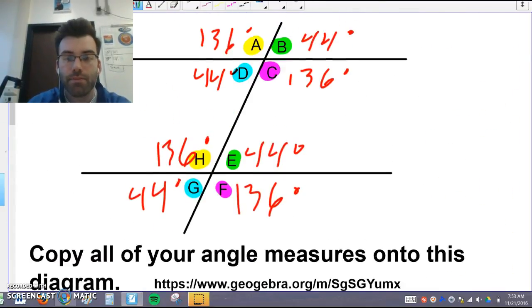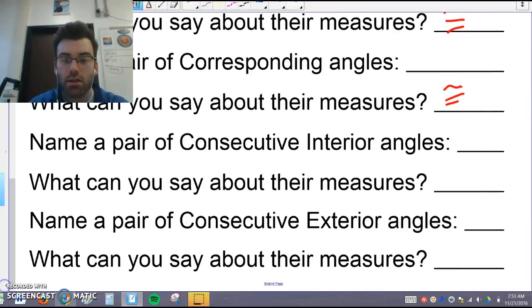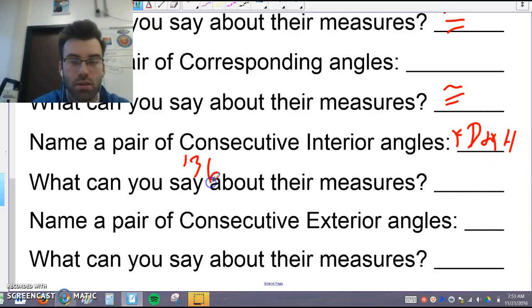Consecutive interior angles lie on the same side of our transversal. So D and H would be consecutive interior, or C and E would be consecutive interior. I'm going to write D and H. Well, what can you say about their measures? I have 136 and 44.